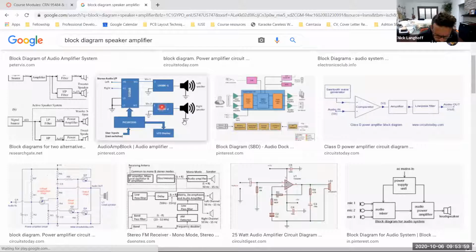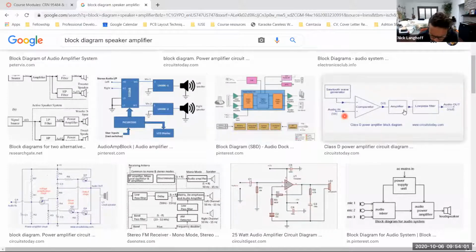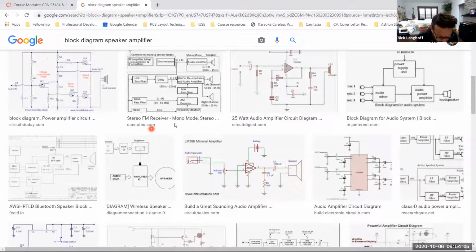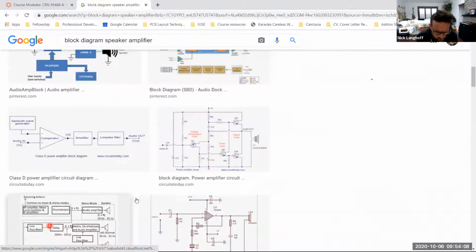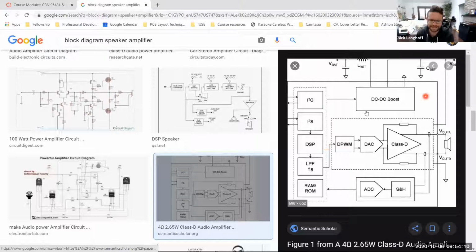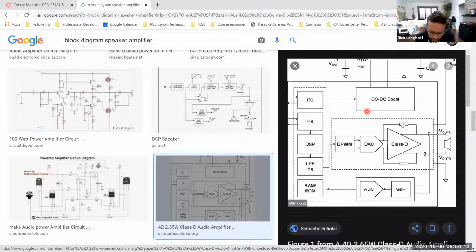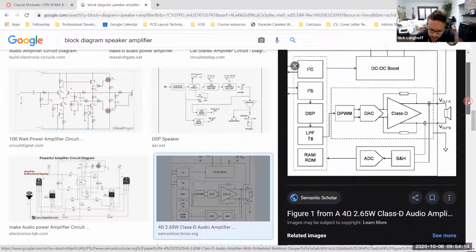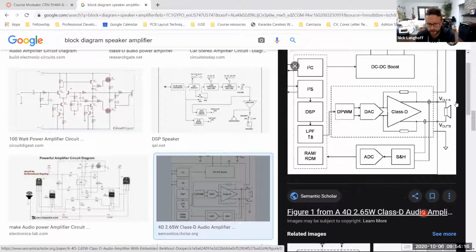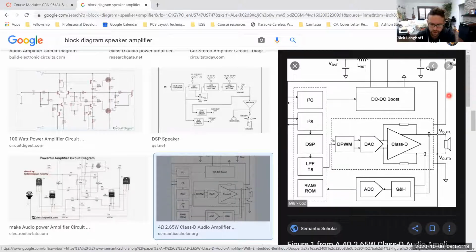Here we go. Here's a block diagram of some system. This particular system is a Class D audio amplifier. It shows you some different blocks; this stands for low pass filter, which we'll talk about later in the semester. ADC stands for analog to digital converter, and so on and so forth.